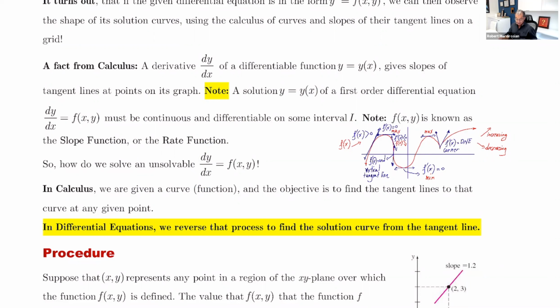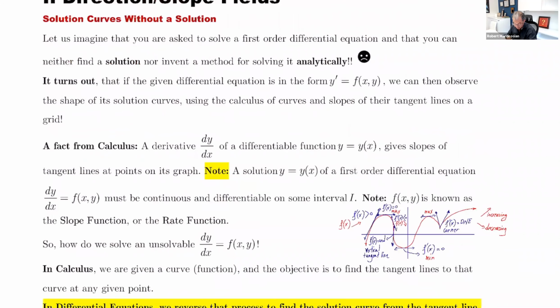So if I go over this, a fact from calculus, this is what I just told you, but let's read this. A derivative dy/dx of a differentiable function y equals y of x gives the slopes of tangent lines at points on its graph.